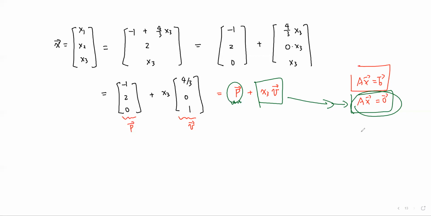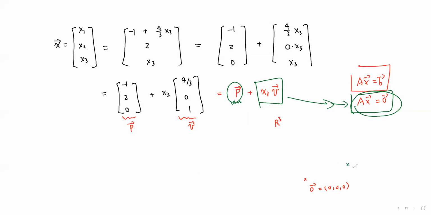Imagine here is R3. The origin is here, 0, 0, 0. Vector P is -1, 2, 0. Let me draw P here.